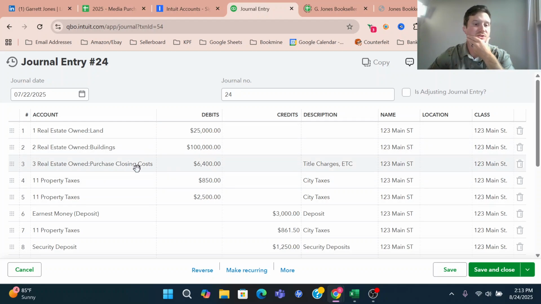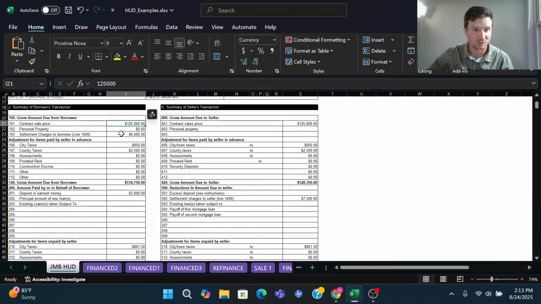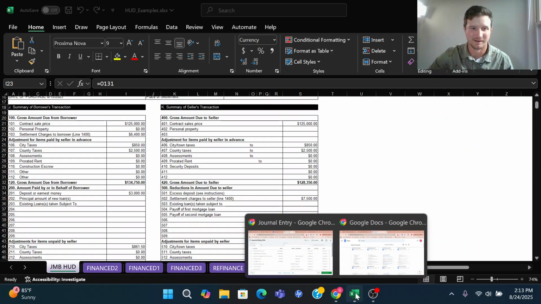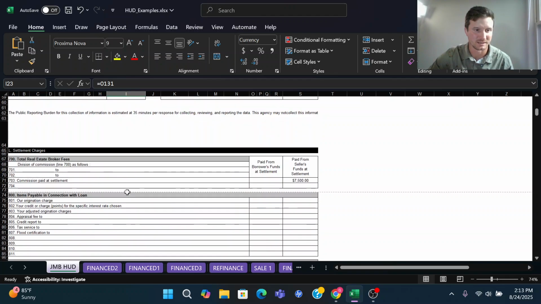The next line we've got is real estate purchase closing costs. This number is going to be a whole bunch of numbers on the HUD. You can see that it's right here, 6,400. But what does that come up to? You can see this says line 14.